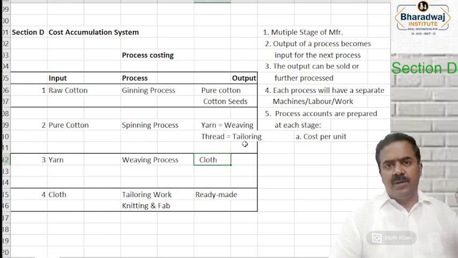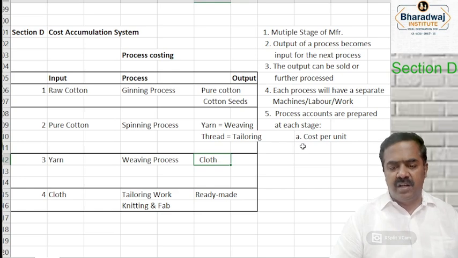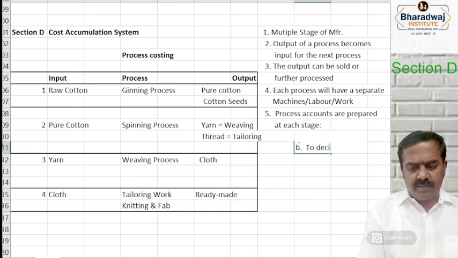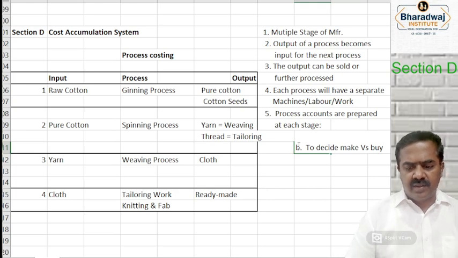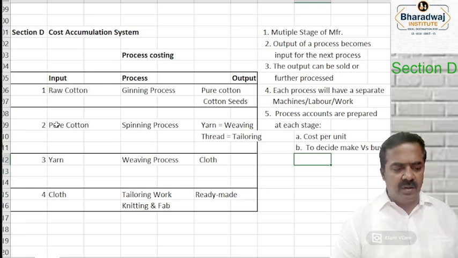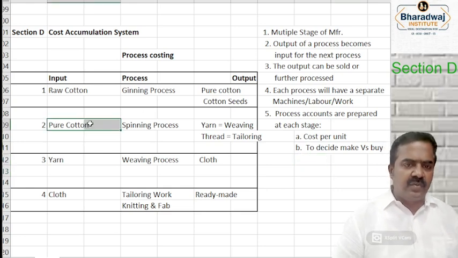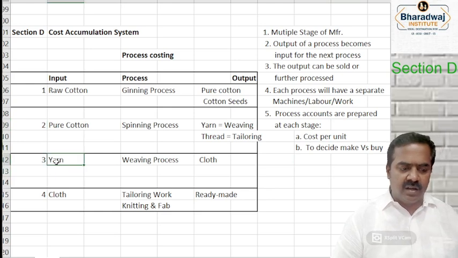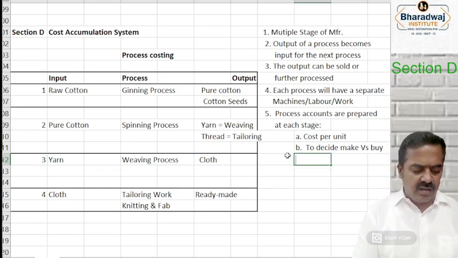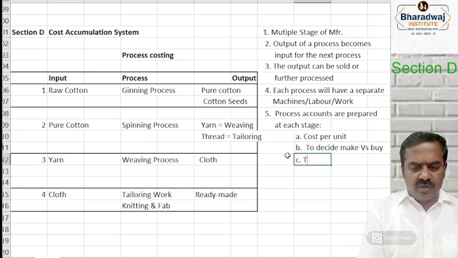Is it advisable to make it or buy it? Should we make pure cotton within our factory or buy it from the outside market? Should we buy yarn for the weaving process or make it inside the factory? That decision we can take. And also to decide on further processing or not.